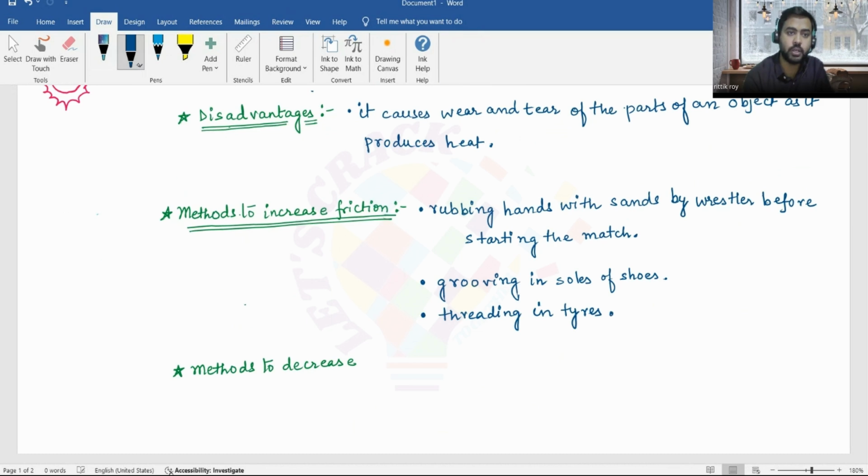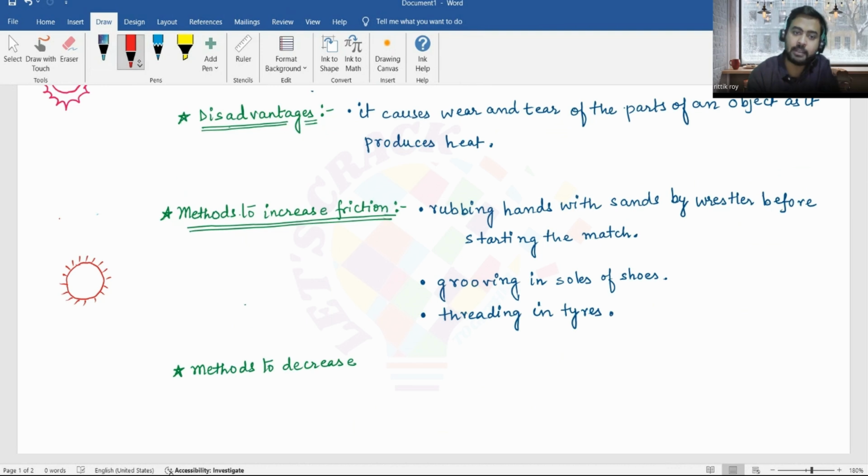Threading in tires means what? These are the tires, and in a new tire we may see this small hair-like structure. These are known as the threading in tires, and why are they done? In order to increase the friction, so that the person who is driving the bike doesn't slip, slide and fall down and cause accidents.